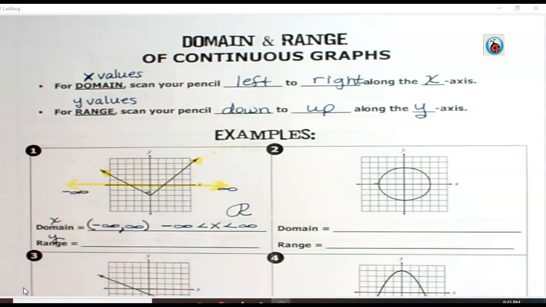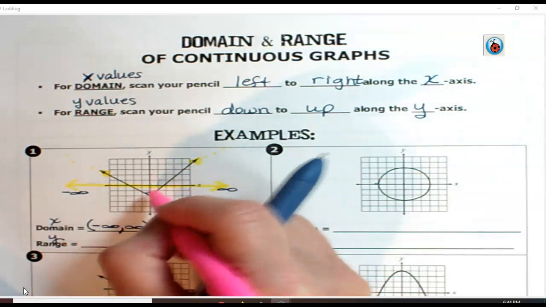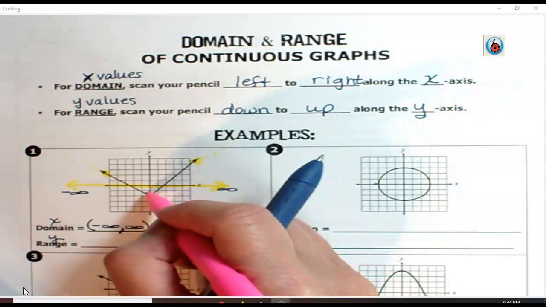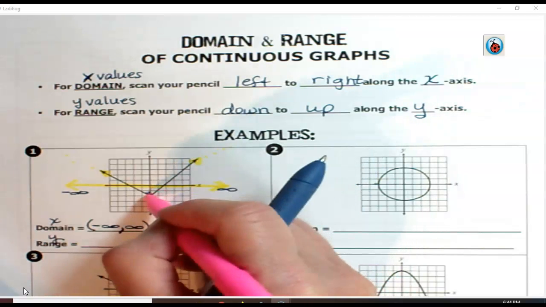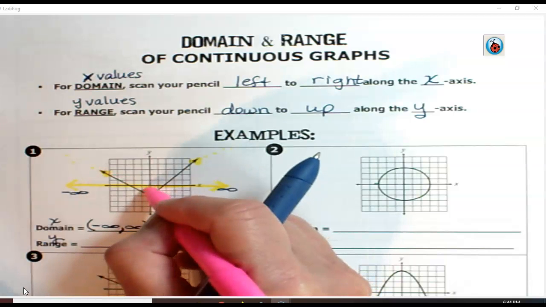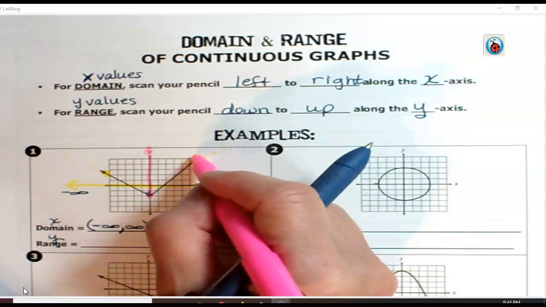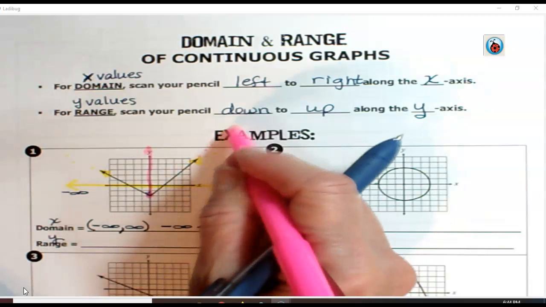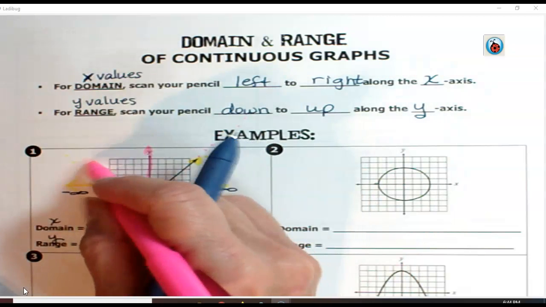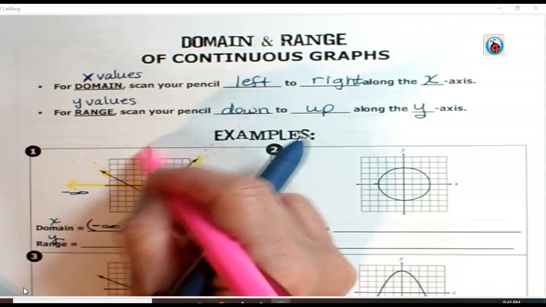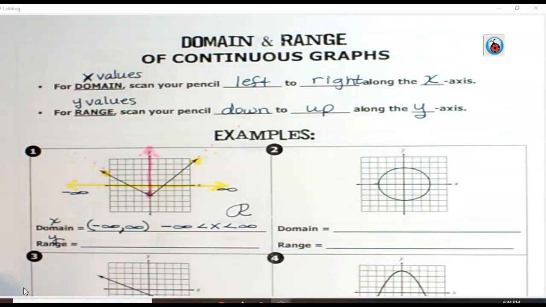Okay, y moves up and down. Now, where's the lowest y for my V-shaped graph? It's right here. So you want to start right there. And how far do we go? Well, this has an arrow, so does that one. That means it keeps on going up. This will keep trending in an upward motion. So will this one. So you're going to cover all of these y's that are up here, and you're going to continue going up.